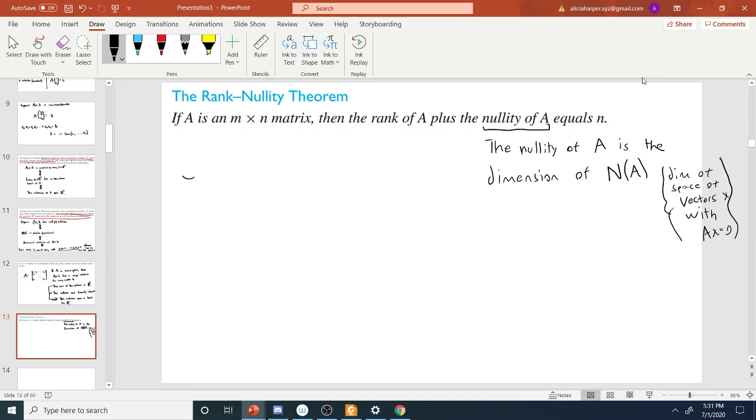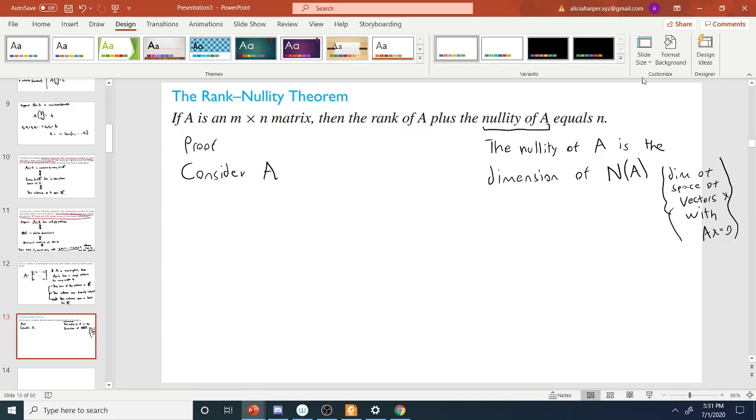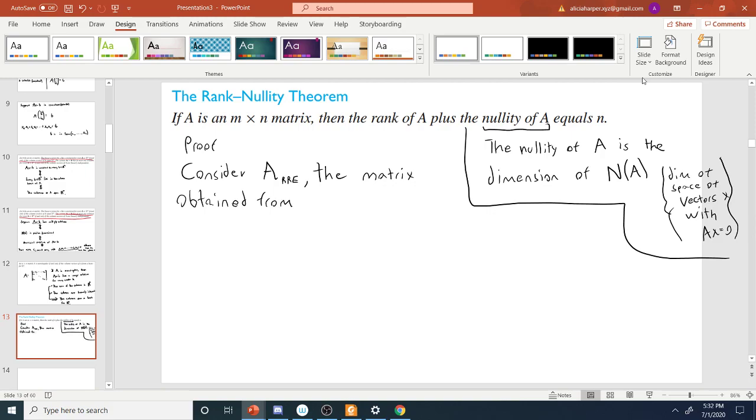Consider a matrix A, or I should say, consider A_RRE, and this will be the matrix obtained from A after putting A in row-reduced echelon form.